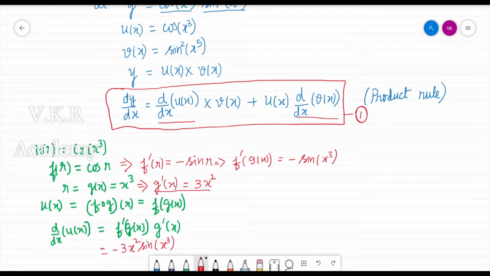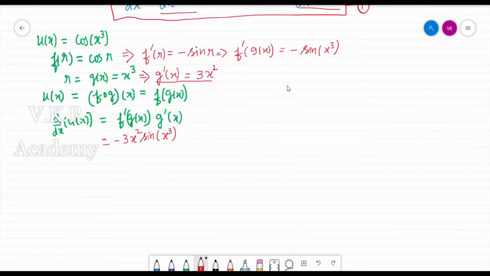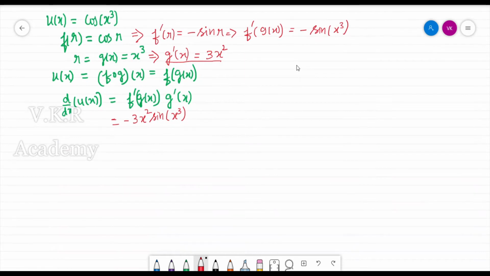Similarly, now let's compute d by dx of v of x. We have v of x is equal to sine squared of x power 5.